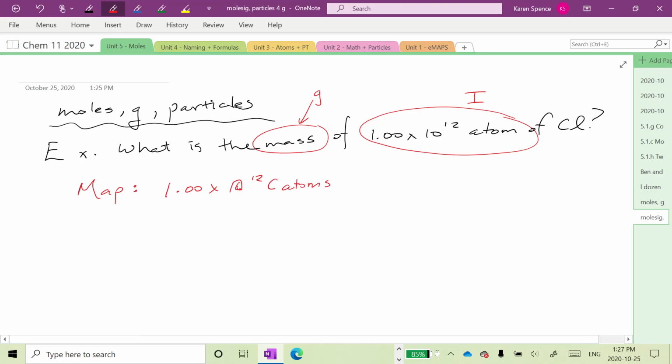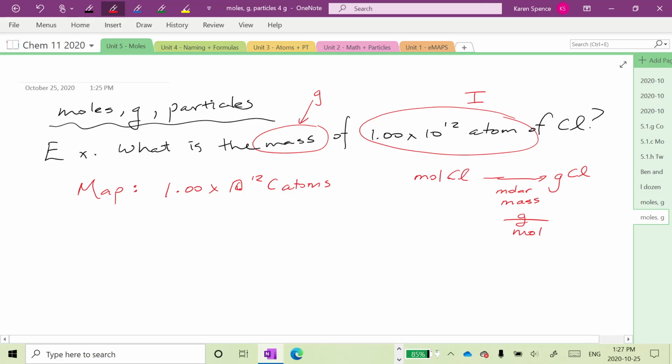And I don't know how much a carbon atom weighs in grams. But if I'm trying to get to grams of Cl, I know that I can always go from moles to grams. That's always something I can do because I can always use the molar mass, which is measured in grams per mole, to convert between moles of Cl and grams of Cl.